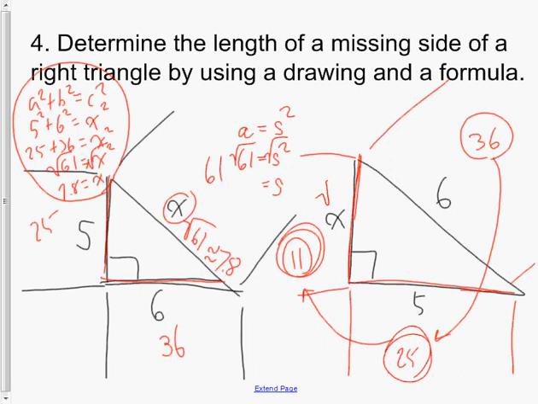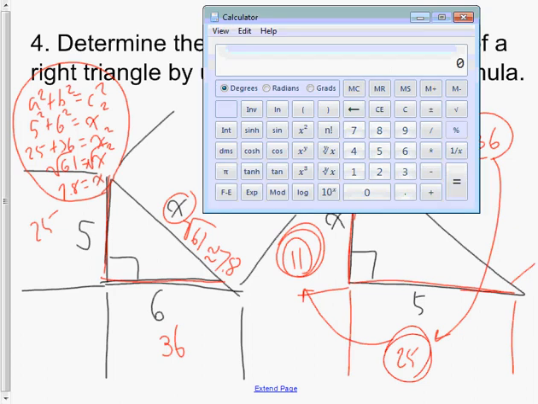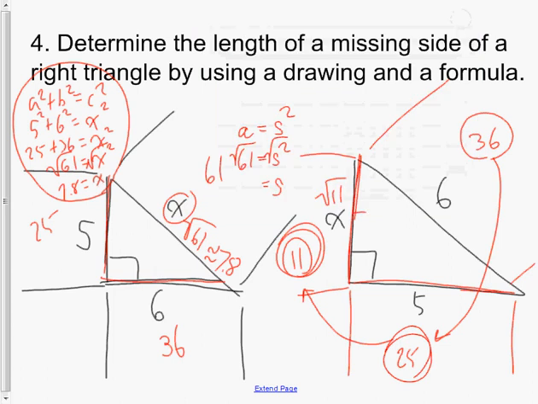And therefore the missing side length is the square root of 11, which is approximately 3 point something. The square root of 11, where's my calculator? 11 square root should be 3 decimal 3. So therefore x is approximately 3.3 units long.